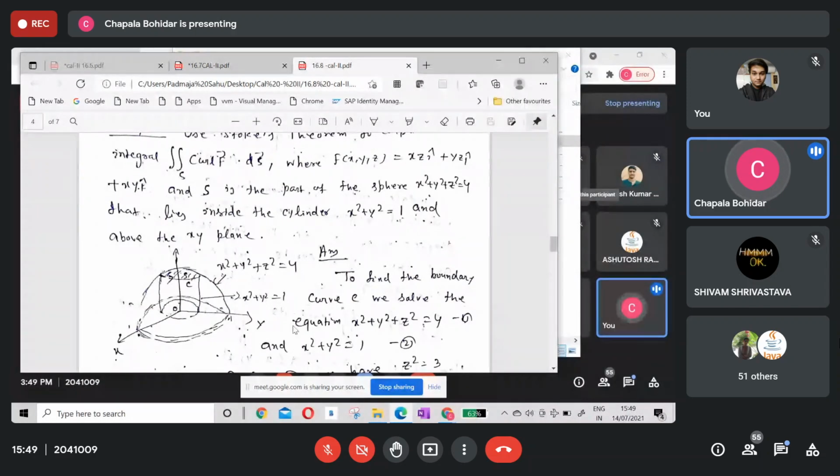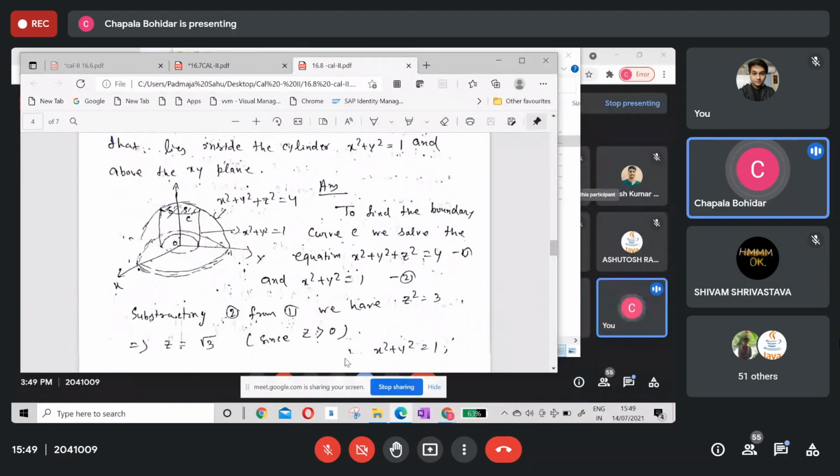To find the boundary curve C, we solve the equations of the sphere and the cylinder together.